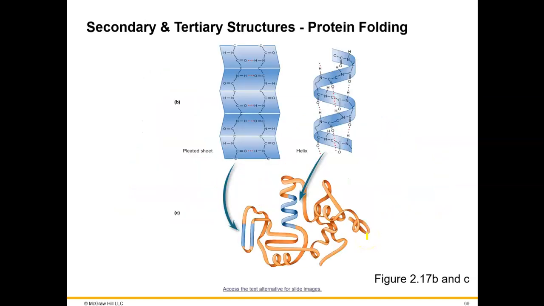Then the secondary structure is either one of two things. It's either a pleated sheet or it is a helix, like a spiral shape. So that chain can either form into a pleated sheet or it can form a spiral helix. And then the tertiary structure is when the pleated sheets and the spiral helix chains fold even more into a 3-dimensional shape.